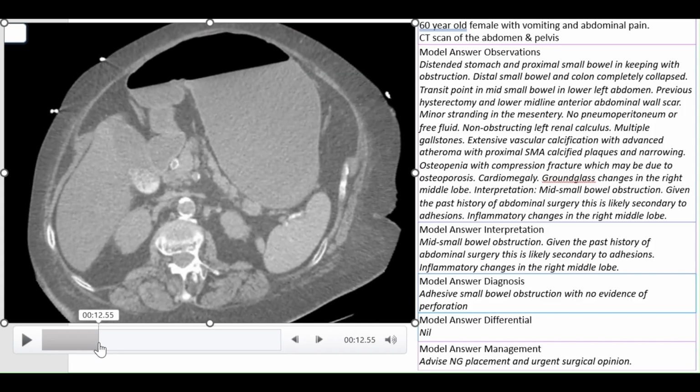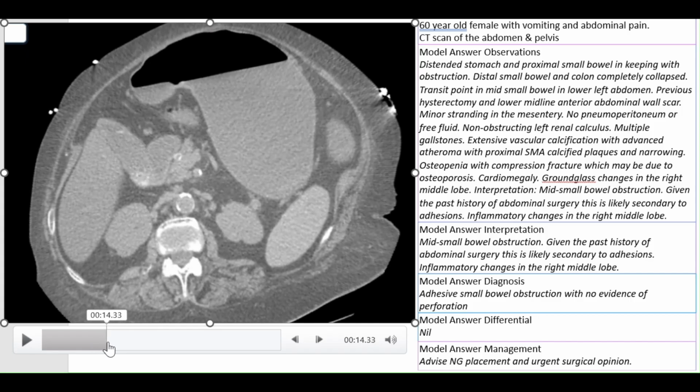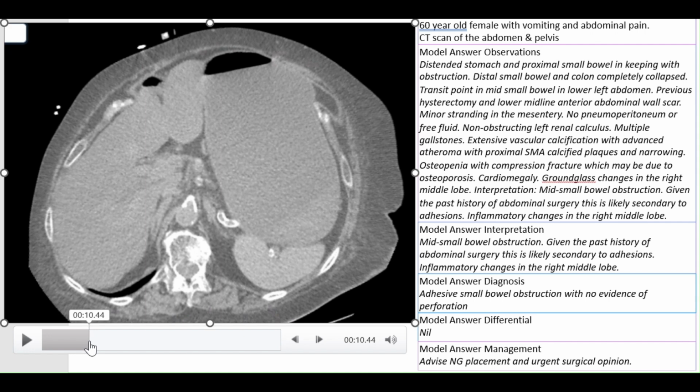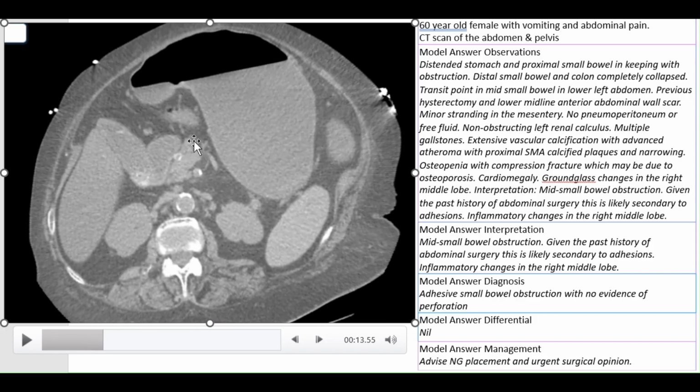Then the abdominal aorta gives the superior mesenteric artery. Can you see the atheroma formation at the origin of the superior mesenteric artery? And if you go down, this is the superior mesenteric artery.